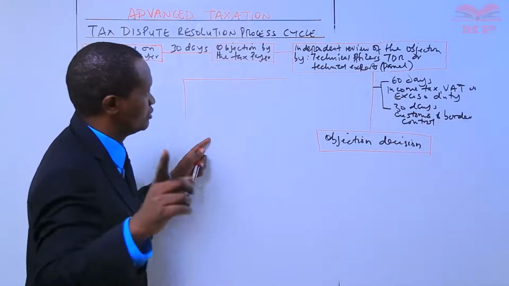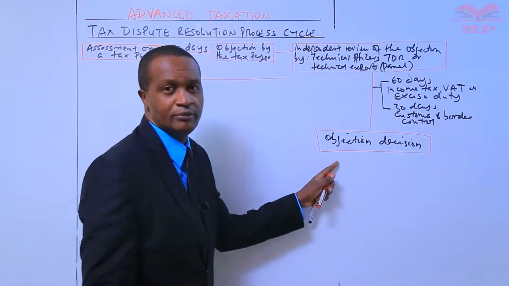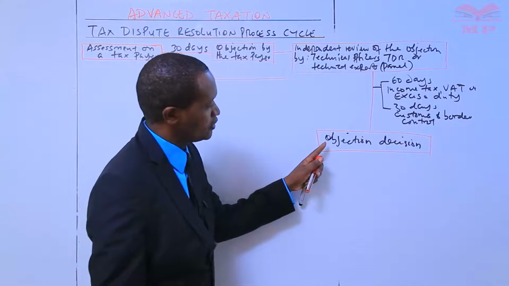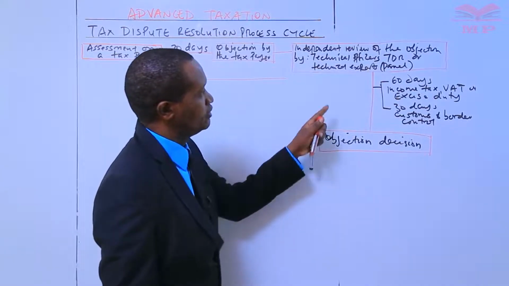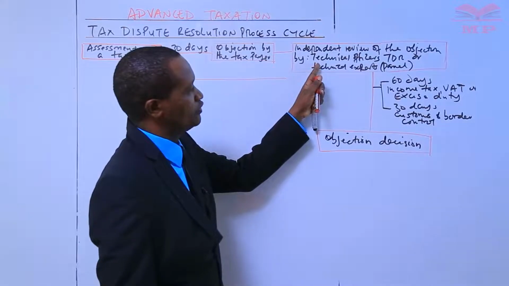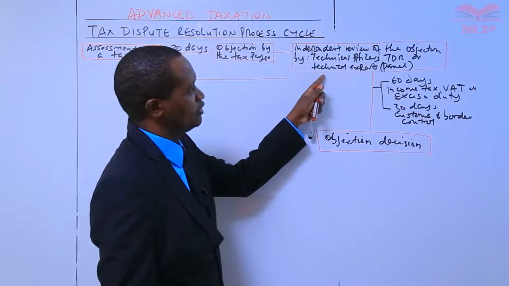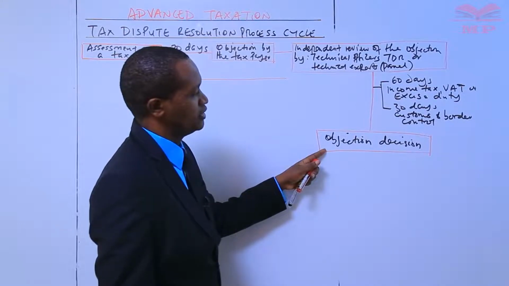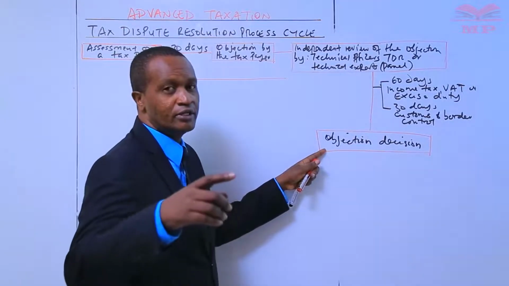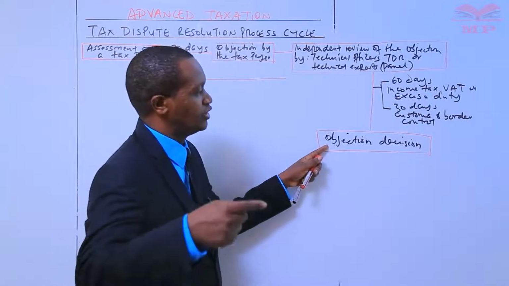Did you get it, candidates? Let me take it again. Upon receipt of the objection decision from either the technical officers or the committee of experts, the taxpayer may be dissatisfied with the objection decision.